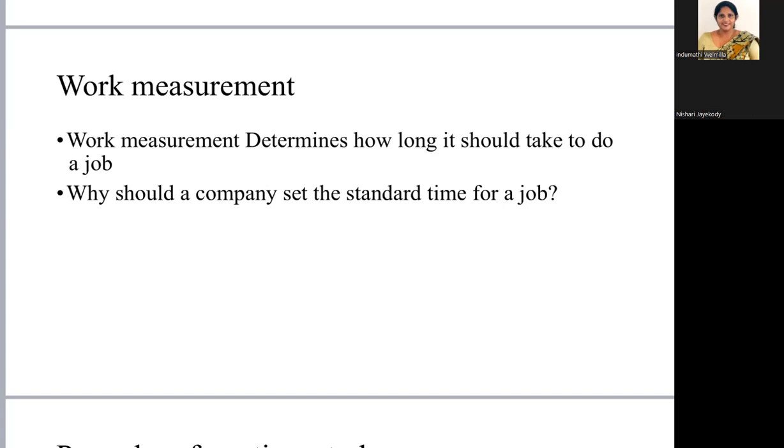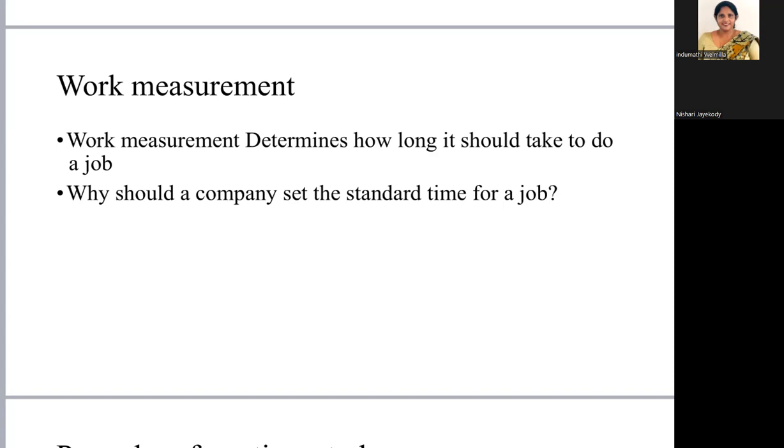Standard time also allows companies to evaluate new product proposals, the use of new materials and equipment, new processes or techniques for building a product, and individual operator proficiency. The standard time provides a benchmark for companies to use when evaluating their alternatives.